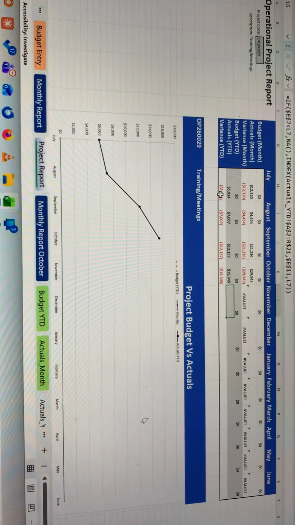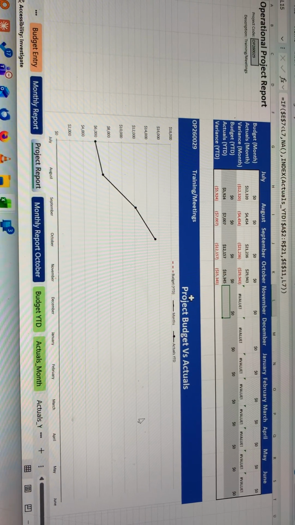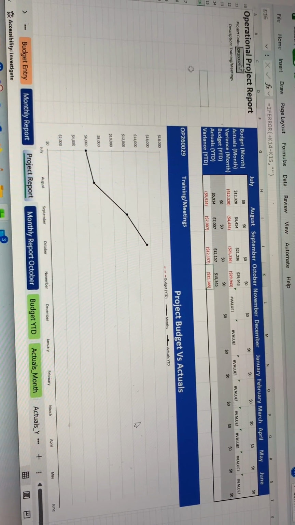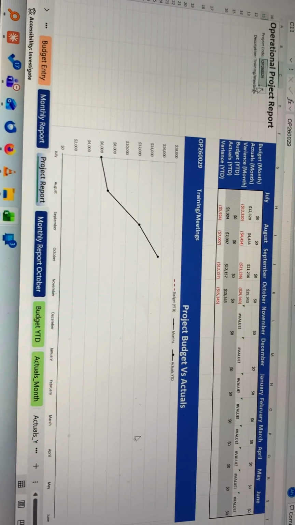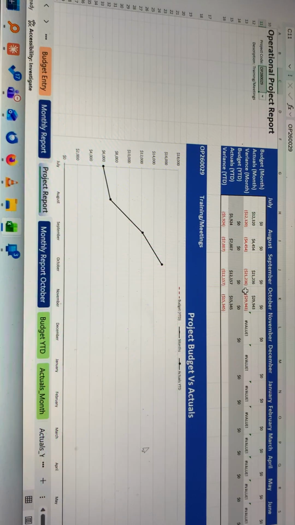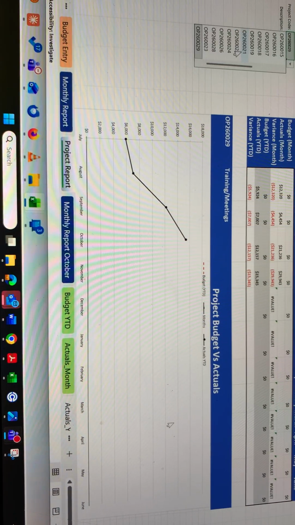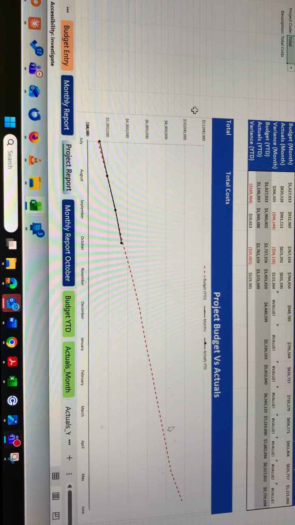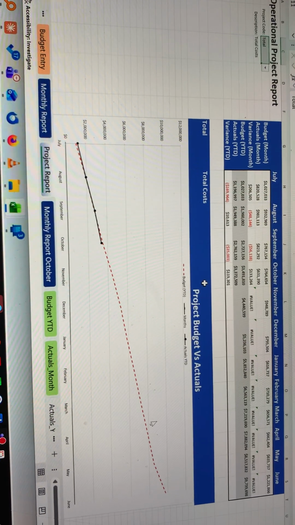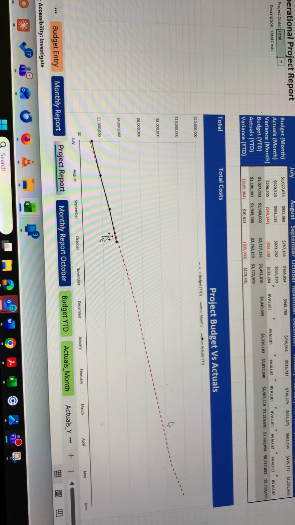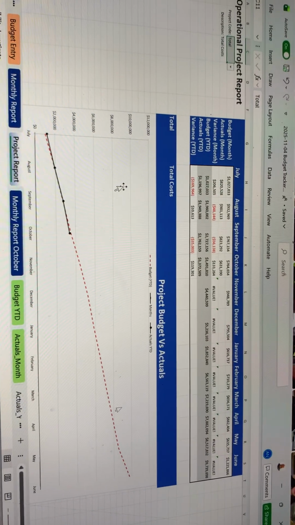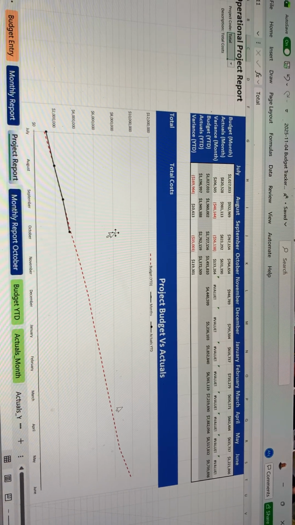That's what the costs were for last month. 29 grand. And total tracking very well. Lots of overs and unders, but they cancel each other out.